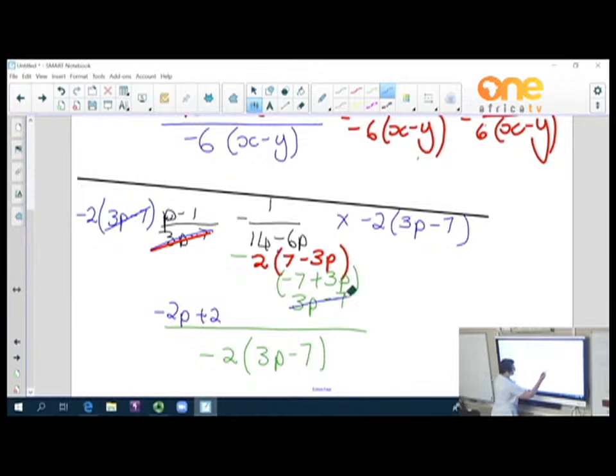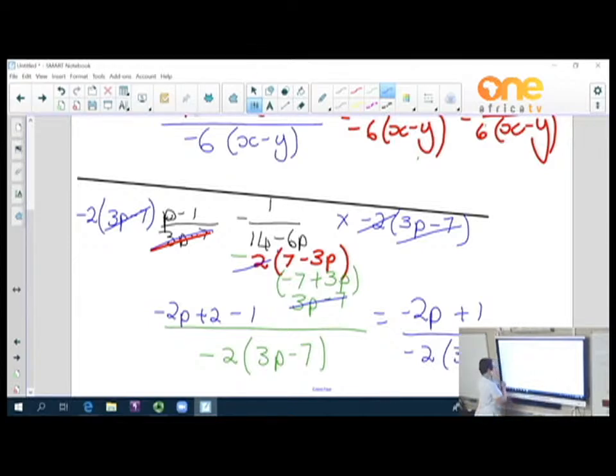Here, the negative 2 can cancel out. So there remains minus 1. So then the final answer is negative 2p plus 1 over negative 2, 3p minus 7. And there's your final answer.